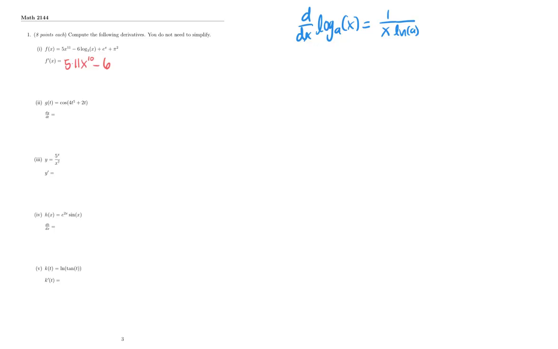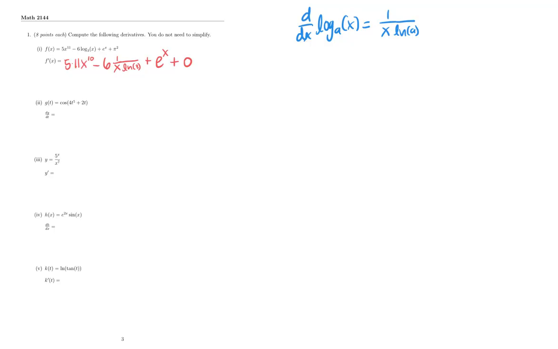So that's the rule we're going to apply here. It's going to be 1 over x times the natural log of 3, and then plus the derivative of e to the x, which is e to the x, plus the derivative of pi squared, which is 0 because pi squared is a constant.